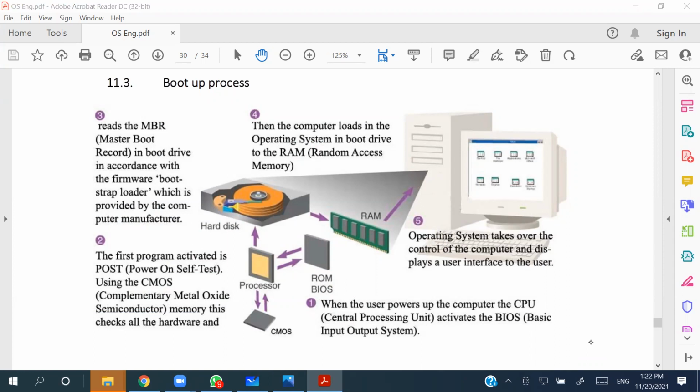So yeah, that's the process of booting. So in your notes, people, there is a small thing which is missing right over here. It says CMOS memory. This checks all the hardware, and let's write it like this. The first program activates the POST.